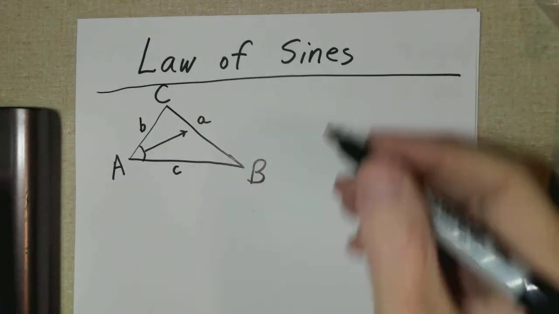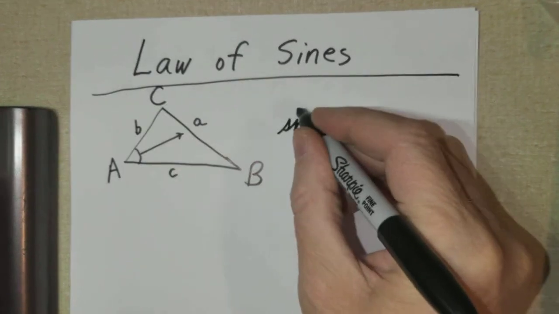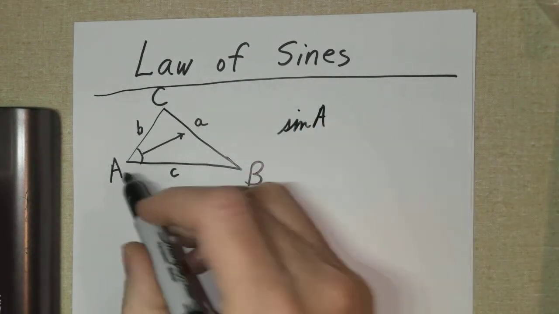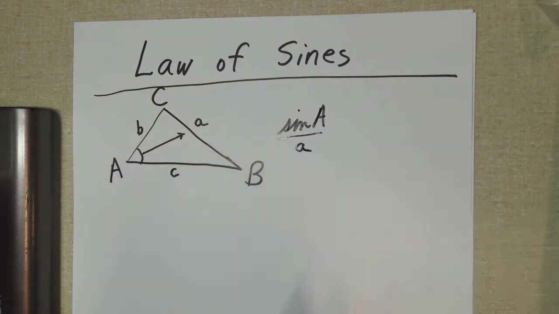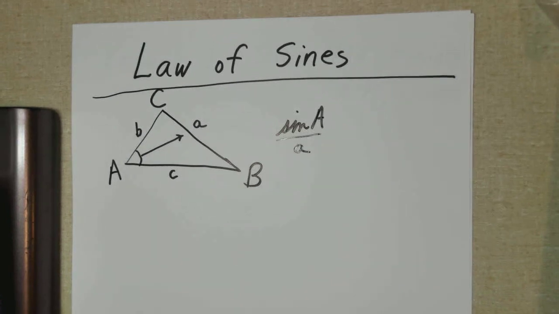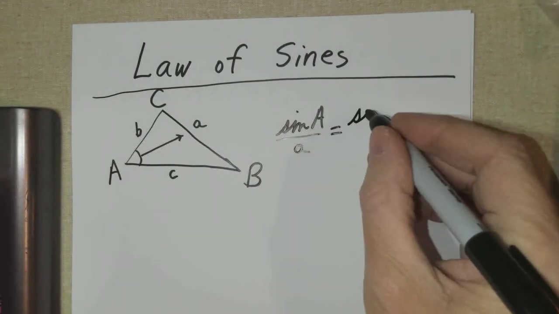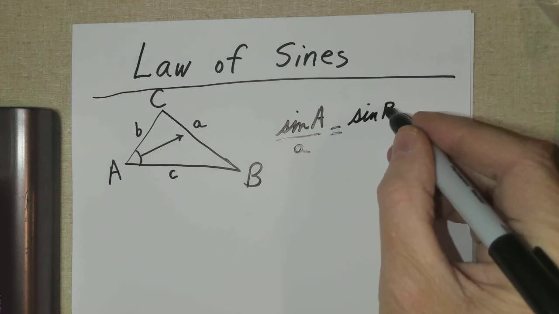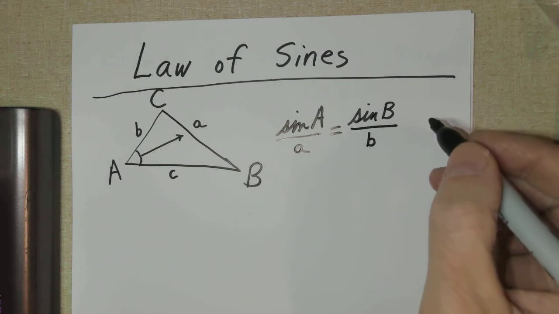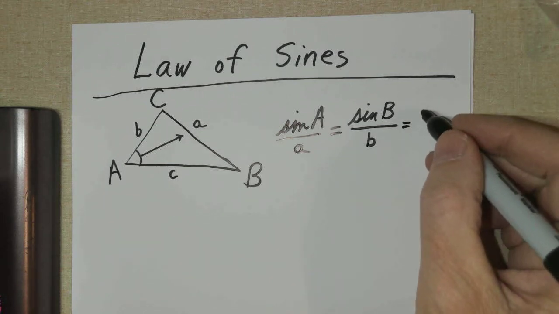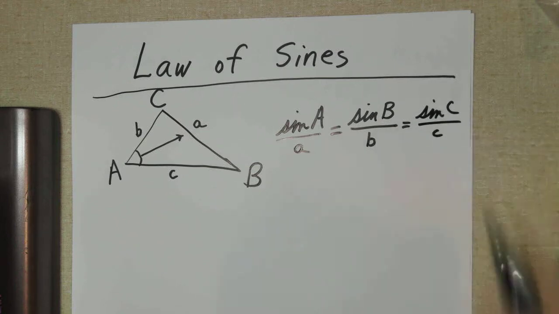Now there's a relationship, called the law of sines, between the sine of the angle, so the sine of angle A, this ratio over the length of its opposite side, little a, is equal for all three angles and opposite sides: it equals the sine of angle B over lowercase b, and that equals the sine of angle C over lowercase c.